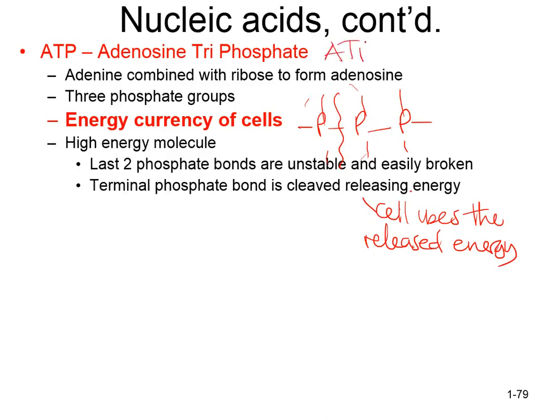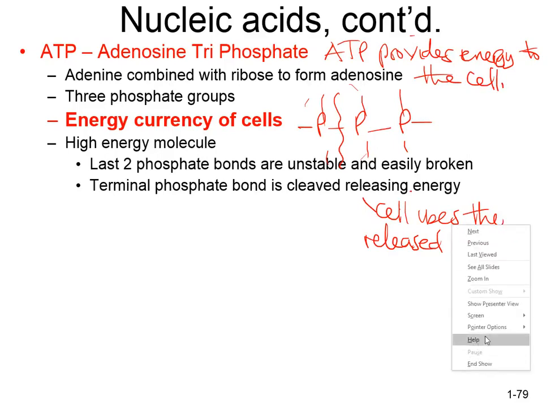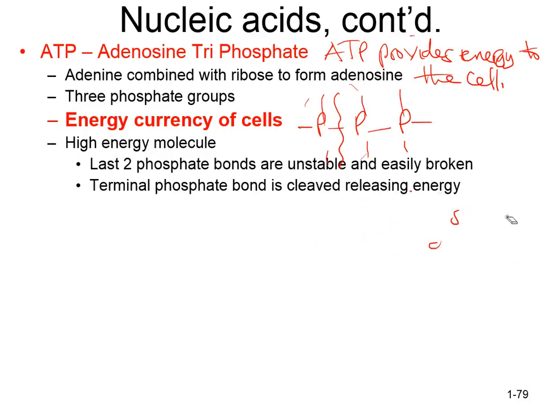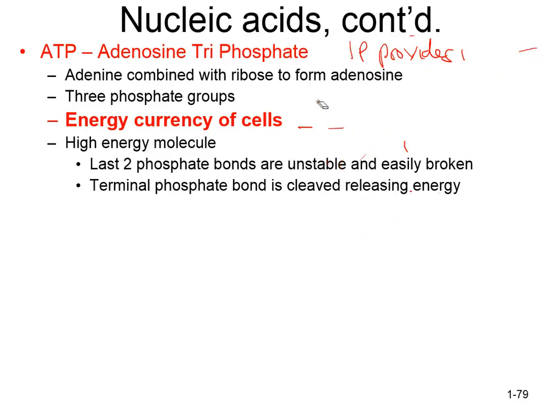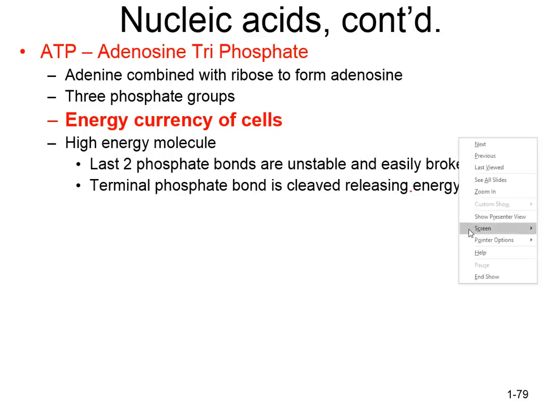ATP provides energy to the cell, including the nucleus. So that's something that you need. What provides energy to the cell? The answer is the adenosine triphosphate, ATP.